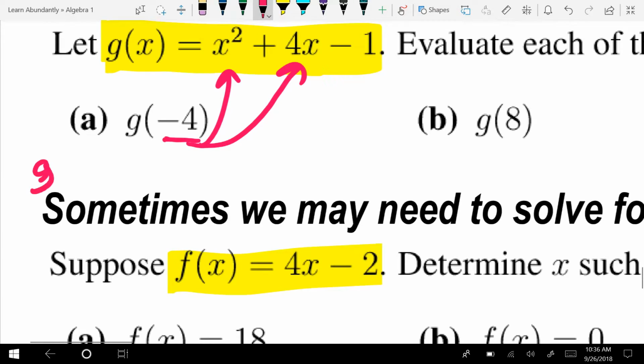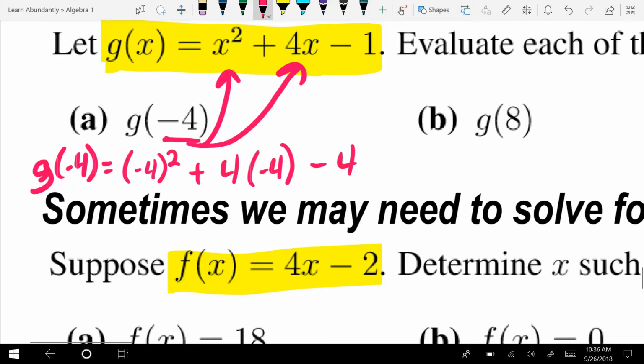So I'm going to write g of negative 4 equals negative 4 squared plus 4 times negative 4 minus 1. So I replaced both of my x's with it. And now I'm going to use my order of operations.